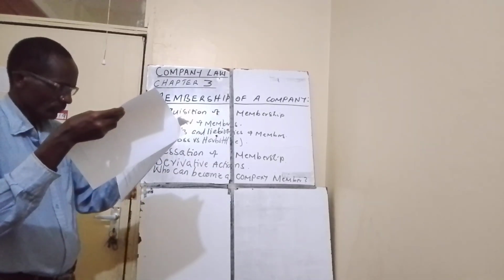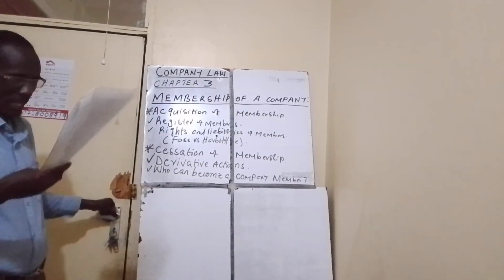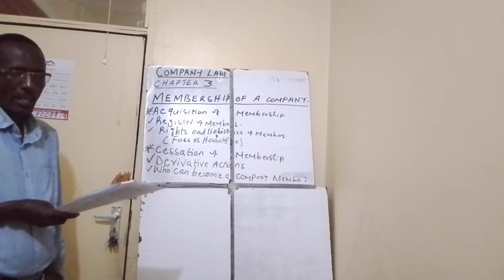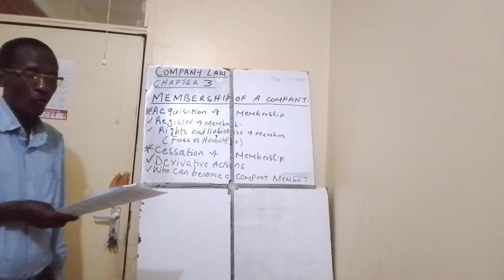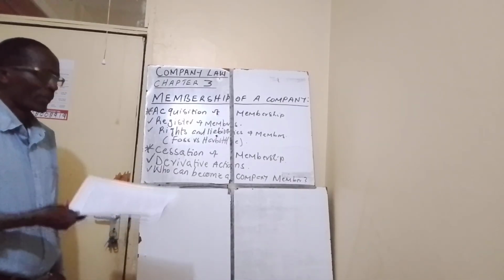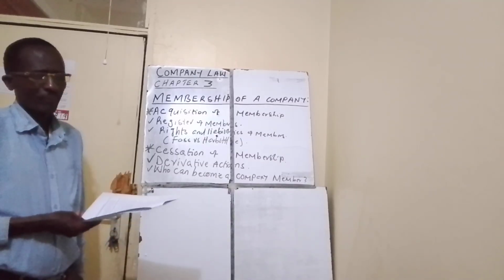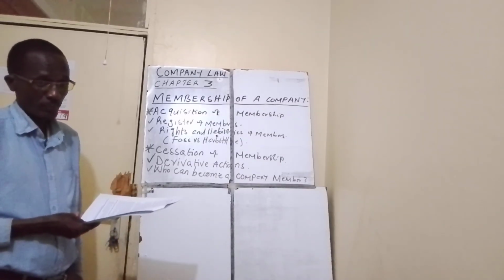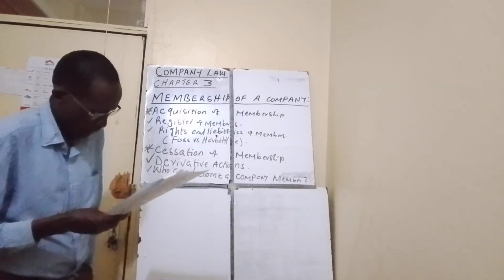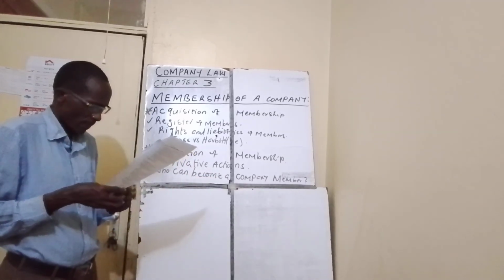So here we are looking at those who may become members of a company. An infant, a person who is below 18 years, a person who has not attained the age of majority, may become a shareholder, may become a member, but with a right to repudiate that contract upon attaining the age of majority or within a reasonable time after attaining that age.